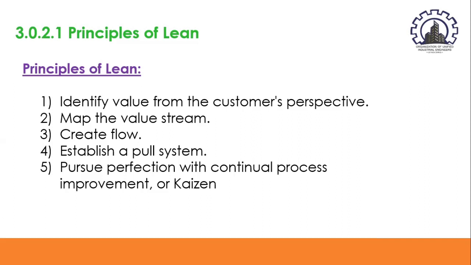And the third principle of lean is what we call creating flow. In creating flow, what we need to do is eliminate functional barriers and identify ways to improve lead time. This aids in ensuring the processes are smooth from the time an order is received through delivery.